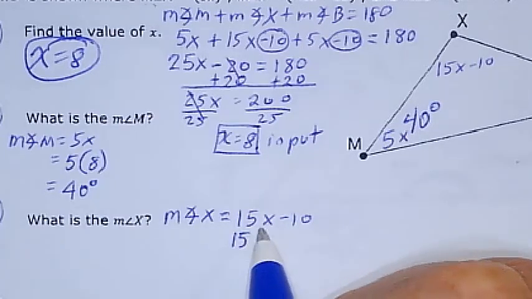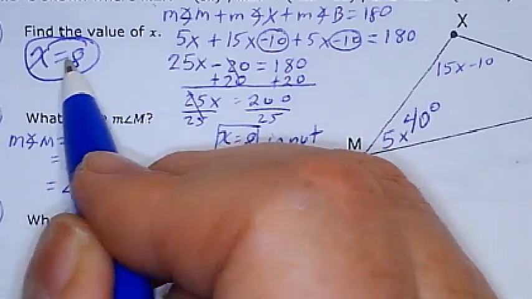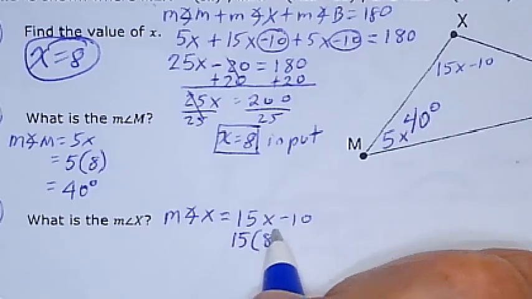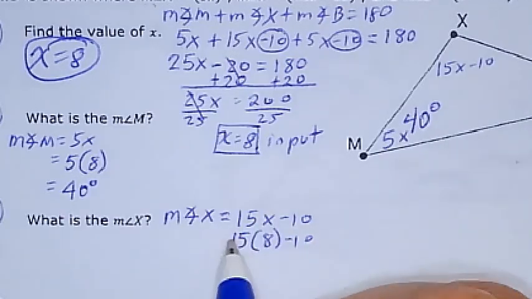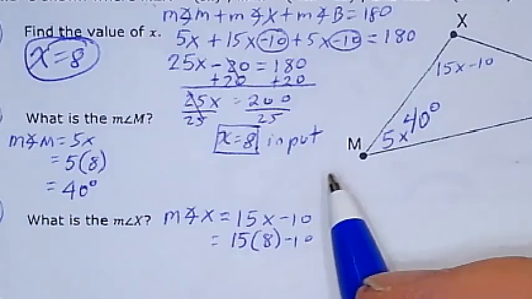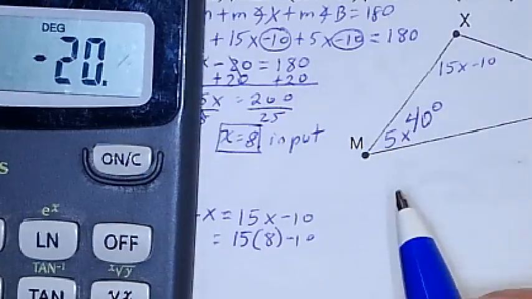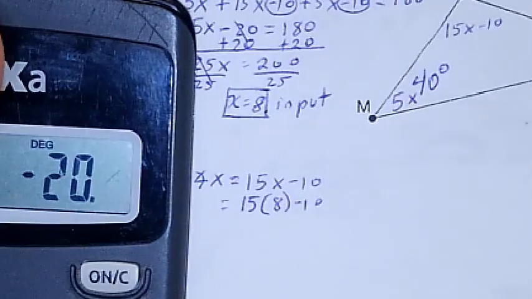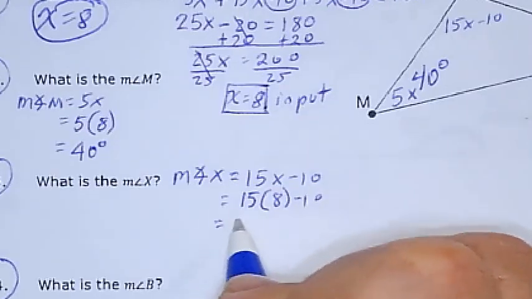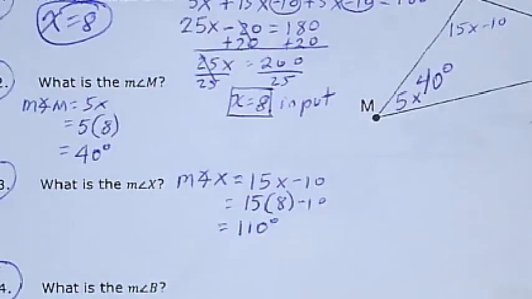How about 15 times 8 minus 10? Don't show the arithmetic. Grab the calculator. Just go. 15 times 8 minus 10. And guess what the final answer for that is? 110. That means that's a 110 degree angle.